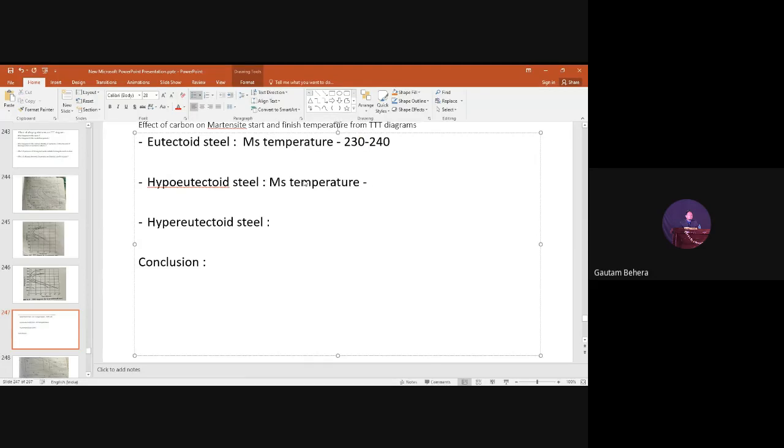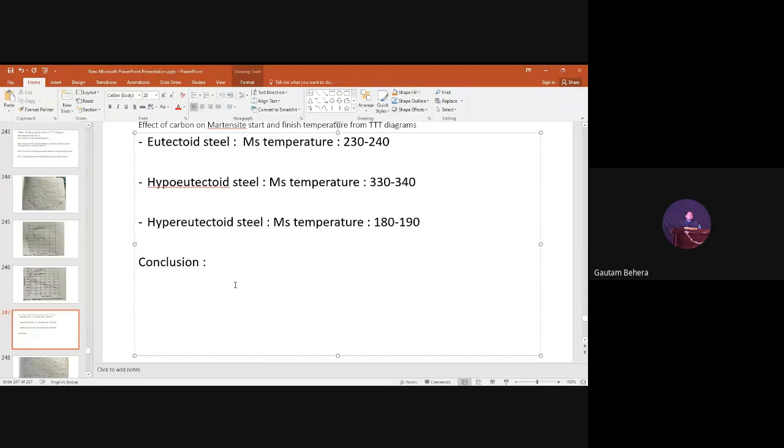It is nearly 330 to 340. And for hypereutectoid steel, that is carbon percentage is very high, then here it is 180 to 190, for example, degree centigrade.